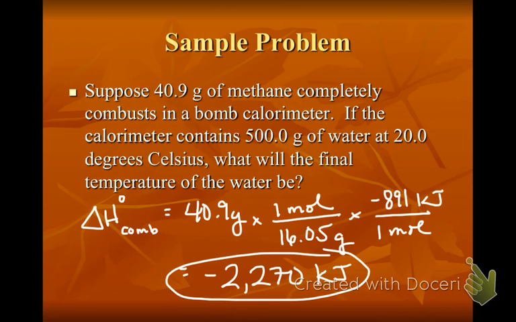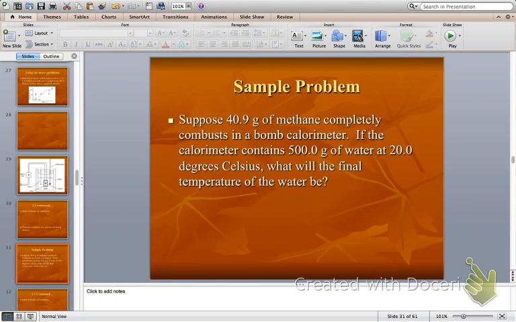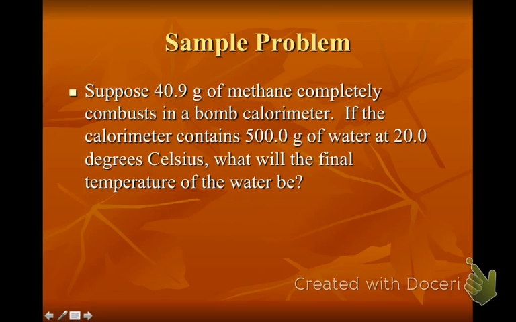Just as an FYI, when I plug this into my Q equals MC delta T for water later, that C is going to be in joules per gram degree Celsius. So I'm going to need to make these units match before I can get a real answer. So let's go ahead and figure that out. So for my water, I've got 500 grams of water.